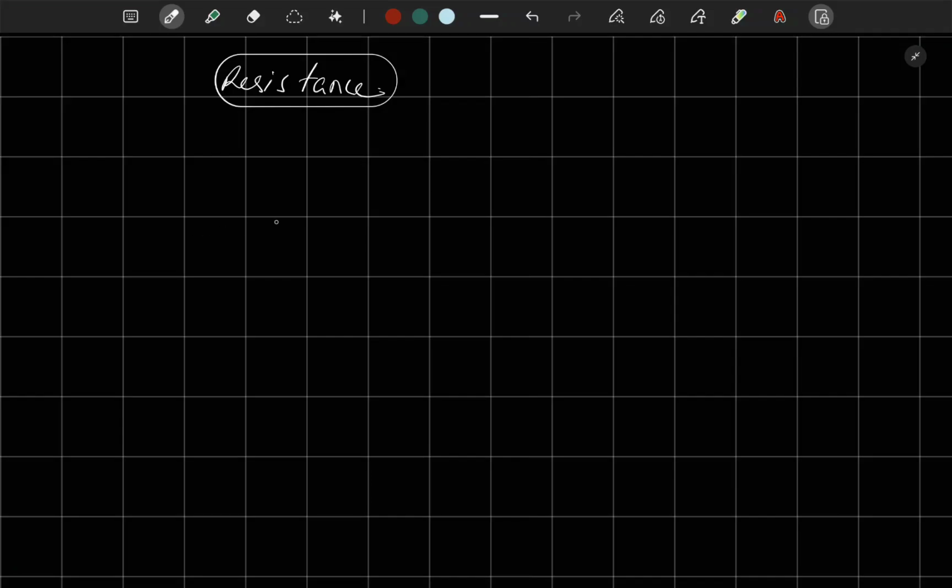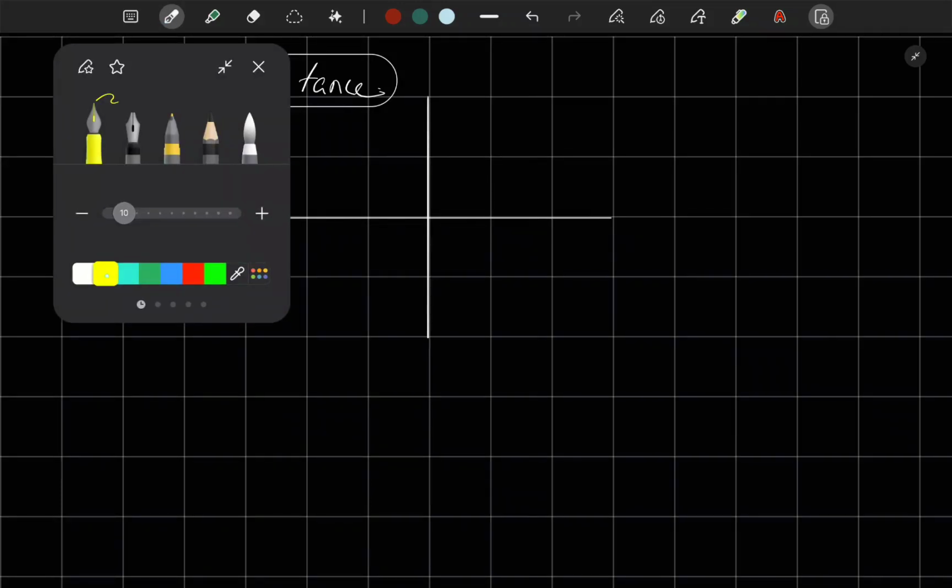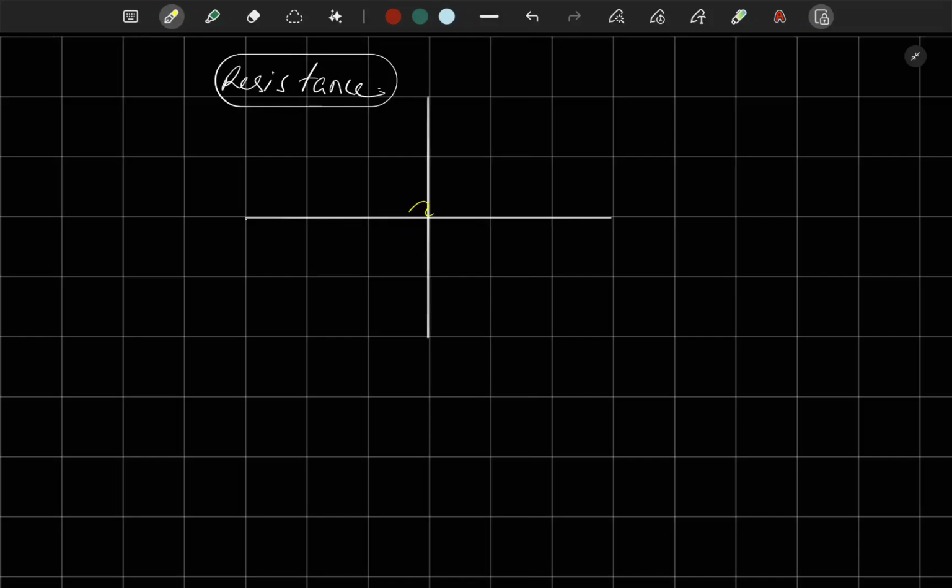So even though we say that diodes in forward bias are short circuit, in reality, practically, they have some resistance. It is very minor, but it is still there, and that makes the IV characteristic slightly different.